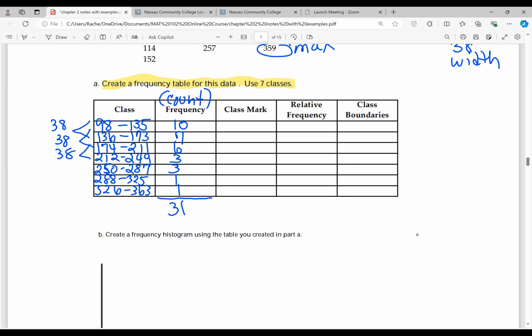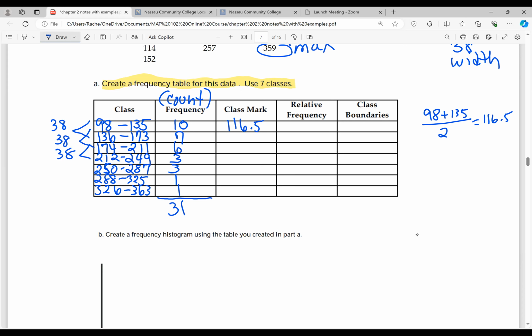So let's calculate the class mark for that first class. For 98 to 135, we're going to take 98 plus 135, and divide by 2. And that's going to give us 116.5. So that's going to be my first class mark, 116.5.